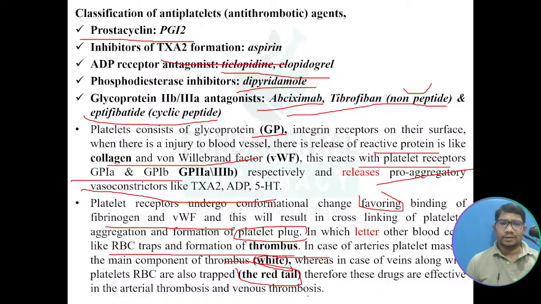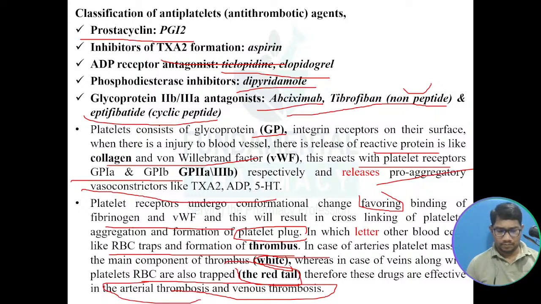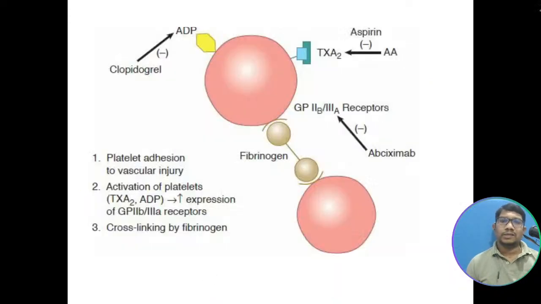So antiplatelet drugs are effective in arterial and venous thrombosis. Thrombosis means formation of a blood clot in the blood vessel. Now you can see how platelets will adhere to each other.